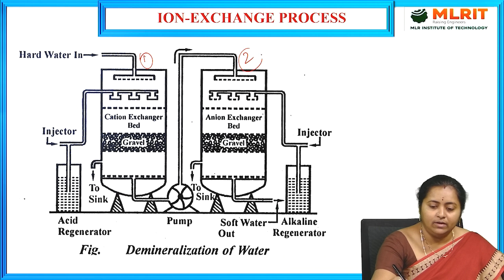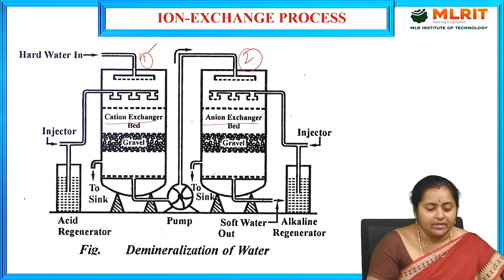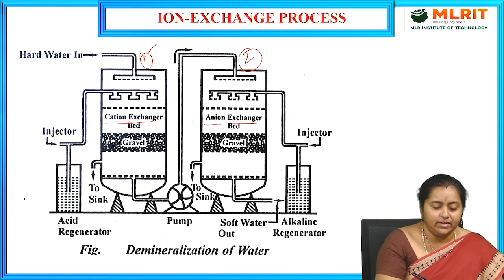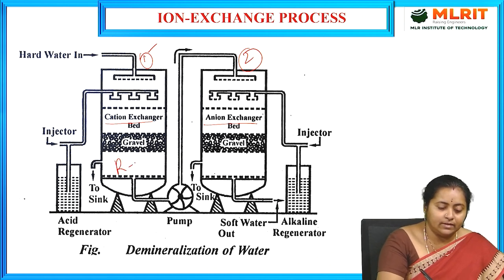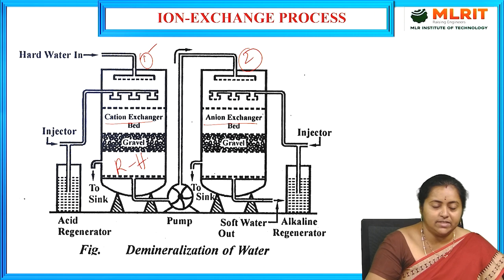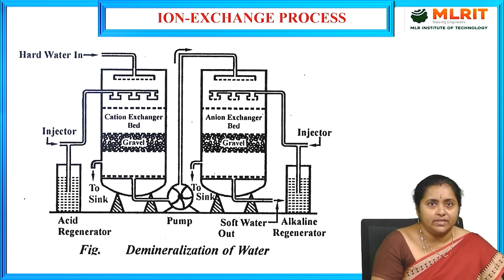Number 1 is called the cation exchanger, and 2 is called the anion exchanger. Into the cation exchanger, we are supposed to make the cation exchanger as a bed. In the previous slide, we explained about the cation exchanger bed and anion exchanger bed.